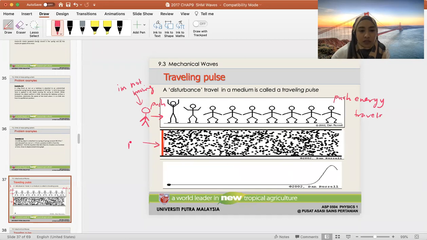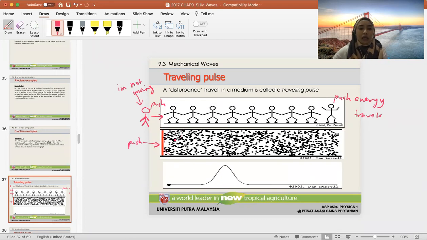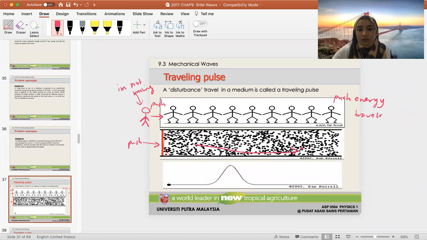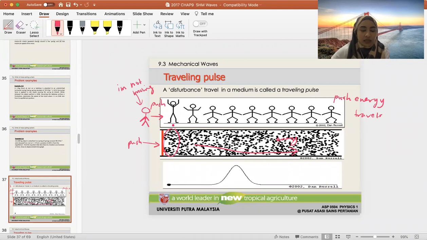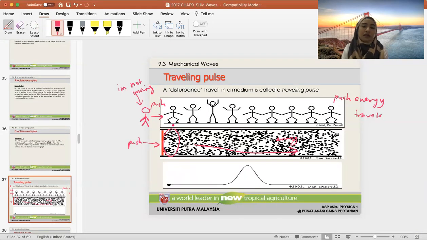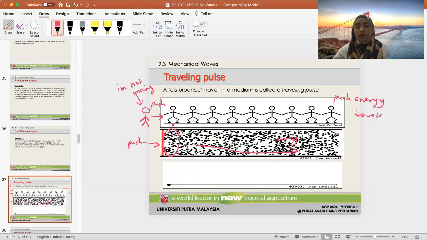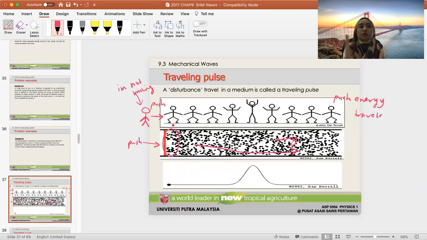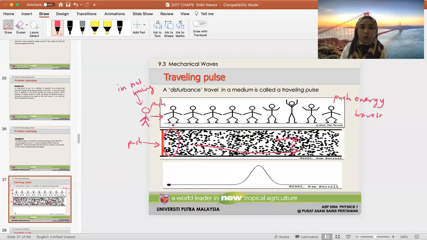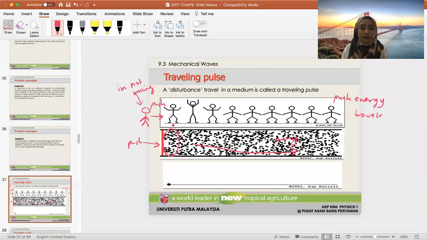I push this red thing and I supply the energy. What happens? The energy travels, but the particles only move a little, going slightly back and forth. So they oscillate at a certain place. They don't move forward, they oscillate. They do a repetitive motion as they transfer the energy forward. So that is a mechanical wave.